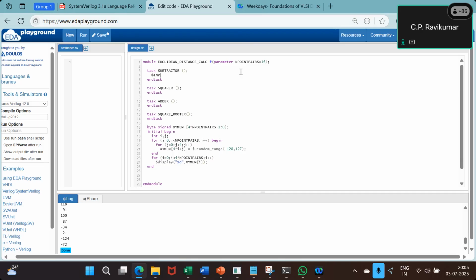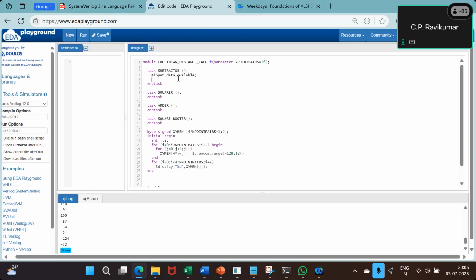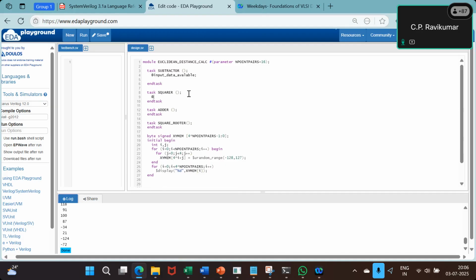We are familiar with this add syntax, always add POSIX. Okay. So add means wait for. Squarer should wait for subtractor ready.